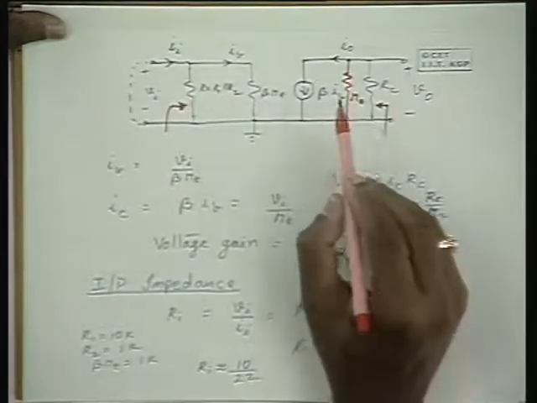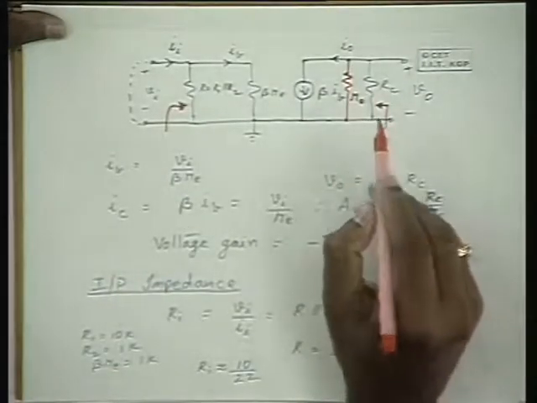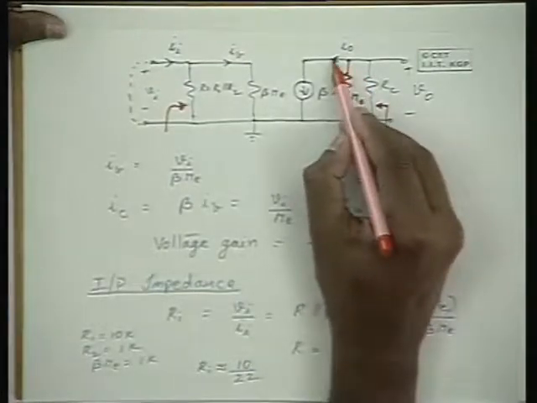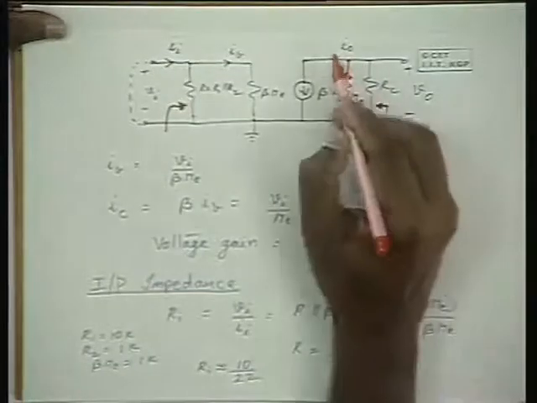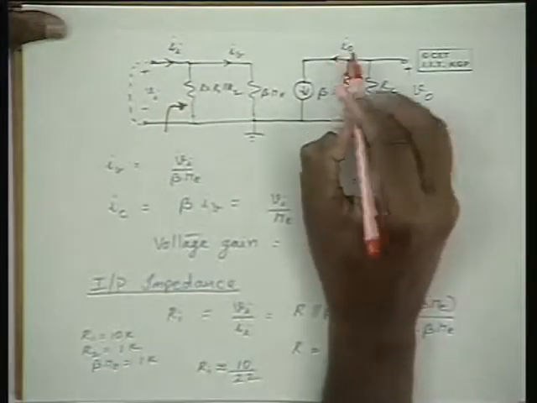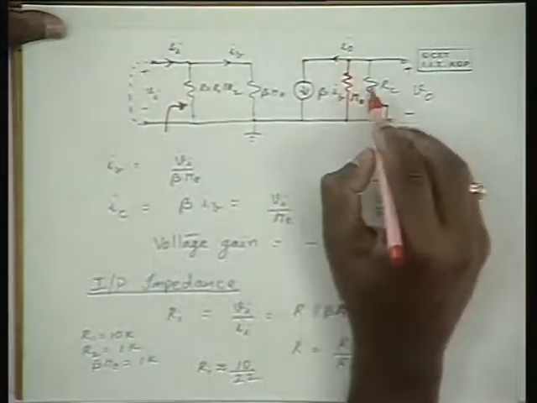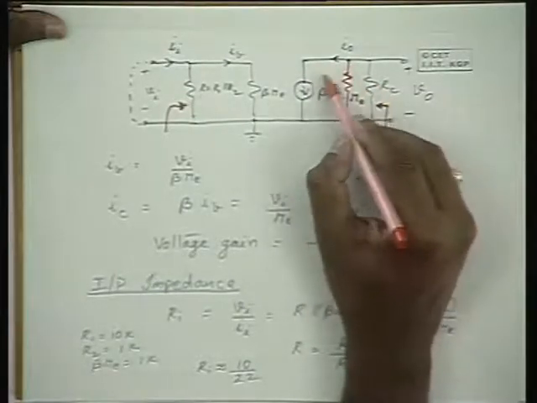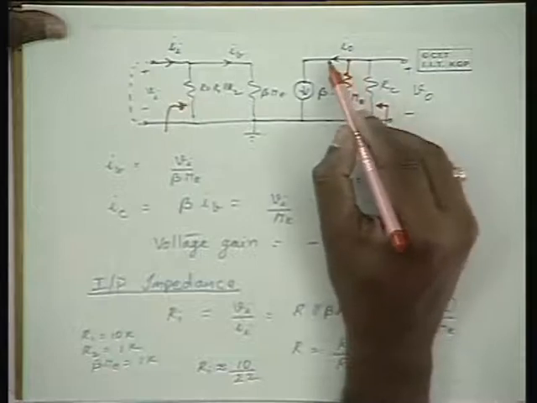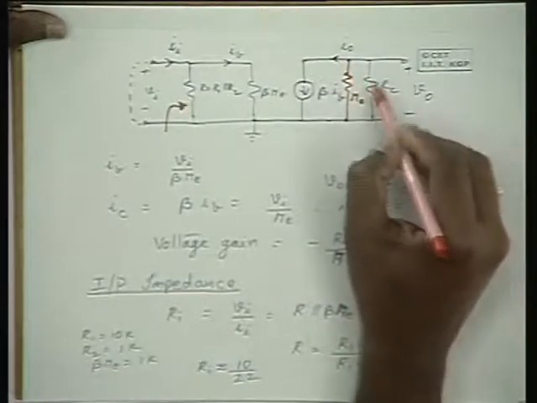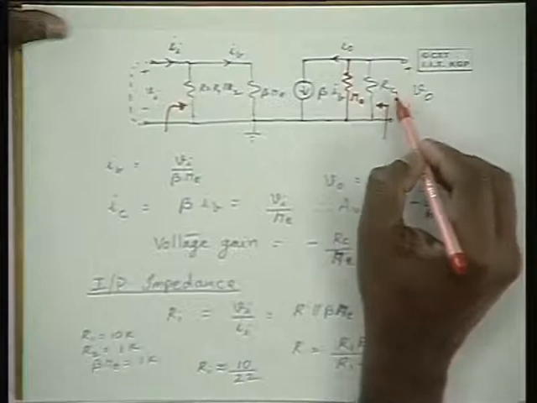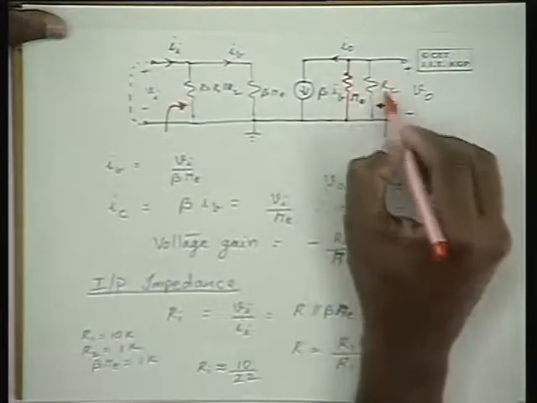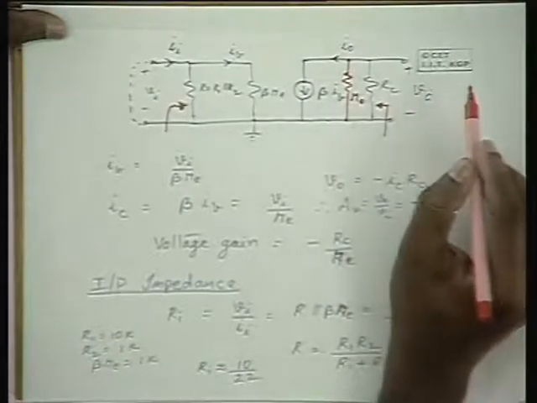Now, what about the output voltage? Earlier in the approximate model, we considered that the load current is equal to the output current. That means the output current is considered to be flowing through the load RC alone. Now, this load current will be flowing through the parallel combination of R0 and RC.